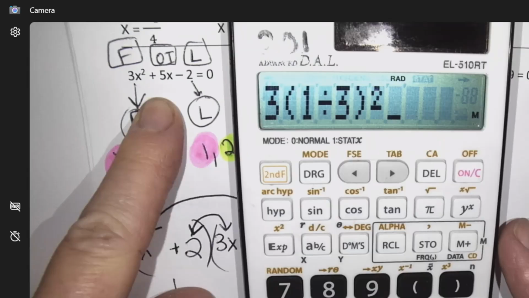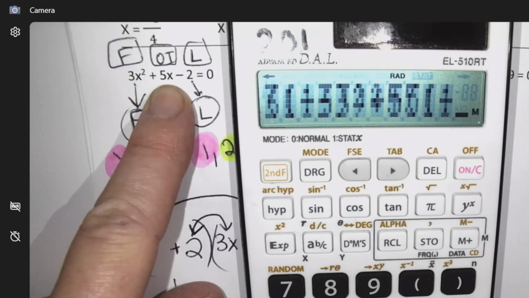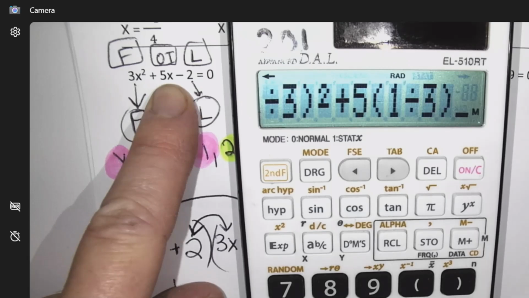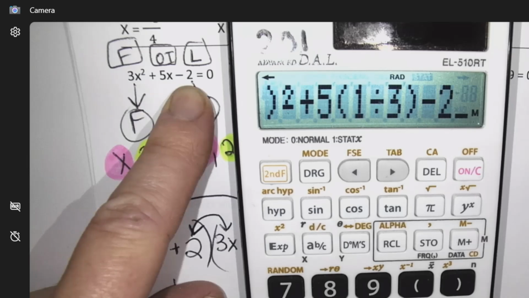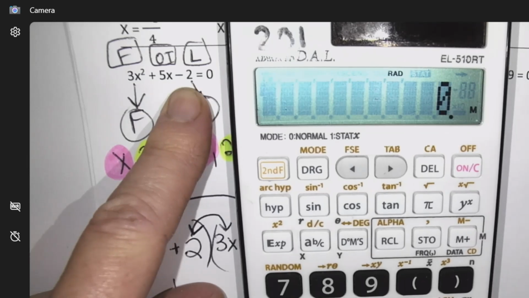So I'm plugging it in, right? Plus 5 times 1/3, subtract 2. And I'm going to push equals, and what should I get on my calculator if I'm right? 0. Okay? So it plugs in, gets 0.